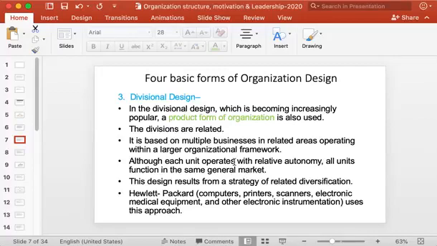So this divisional design is based on multiple businesses in related areas operating within a larger organizational framework.